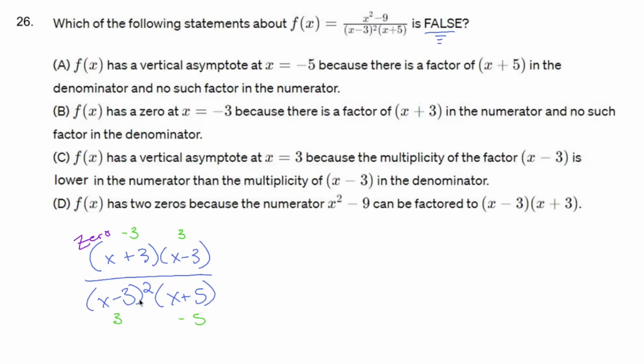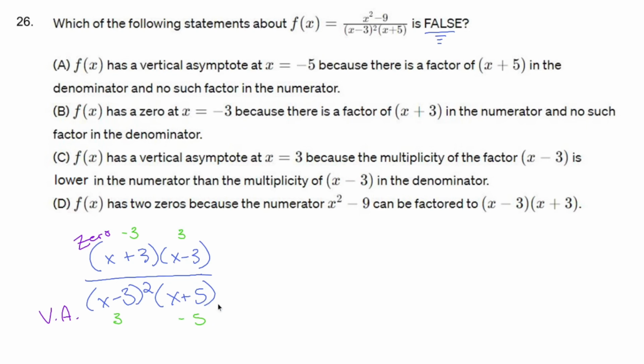So if the multiplicity of a factor in the denominator is greater than in the numerator, the denominator is more powerful and you have yourself a vertical asymptote. If they were exactly the same, you'd have a hole. If they were greater in the numerator, you'd have a zero at the x-axis. But that's what we have, a vertical asymptote here.